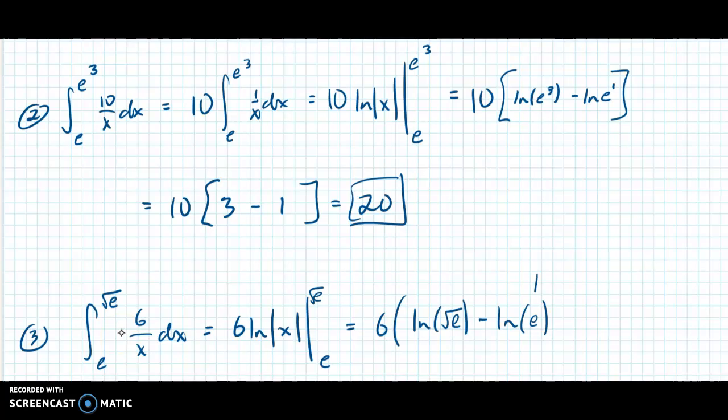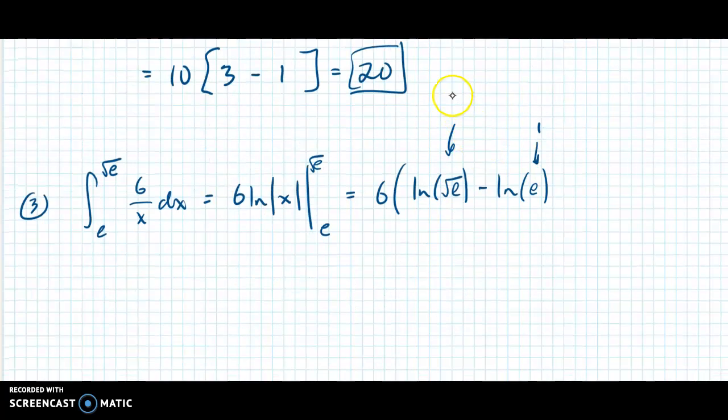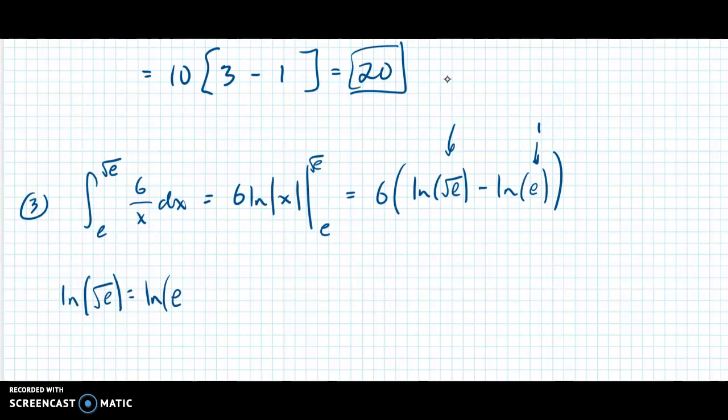I think that you should be okay with this one being 1 because ln of e up here was 1. Question is, what's this? Well, maybe I'll do some scratch work. I'm missing a parenthesis. ln of root e: remember, I can write the root as a half power.